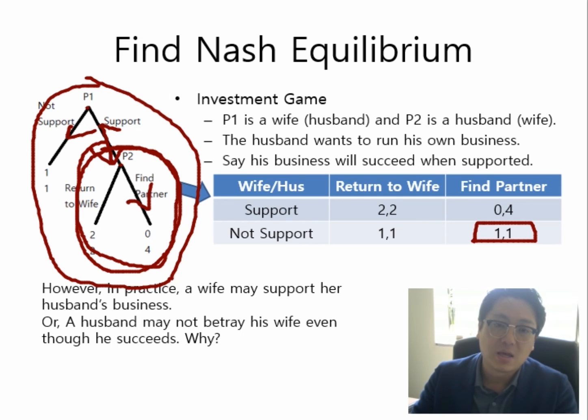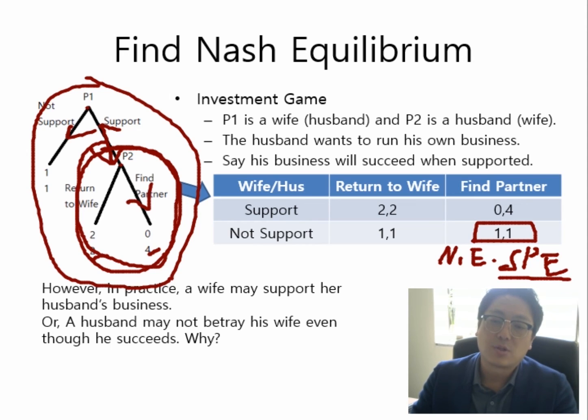But by chance, maybe the wife gets to that node, then surely the husband will find another partner because 4 is greater than 2. So this is not violating rationality once this game is played. So this is a Nash equilibrium, and at the same time, a subgame perfect Nash equilibrium. We just use SPE.